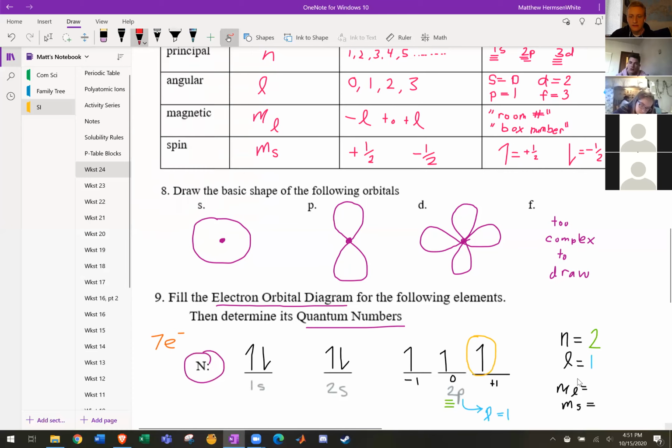Therefore, the ML is going to be equal to +1, because the last arrow we drew was in the +1 box. Lastly, we have the MS. Remember, if the arrow is pointing upwards, then it's +1/2. The last arrow we drew was upwards, so +1/2. And these would be your quantum numbers for nitrogen.